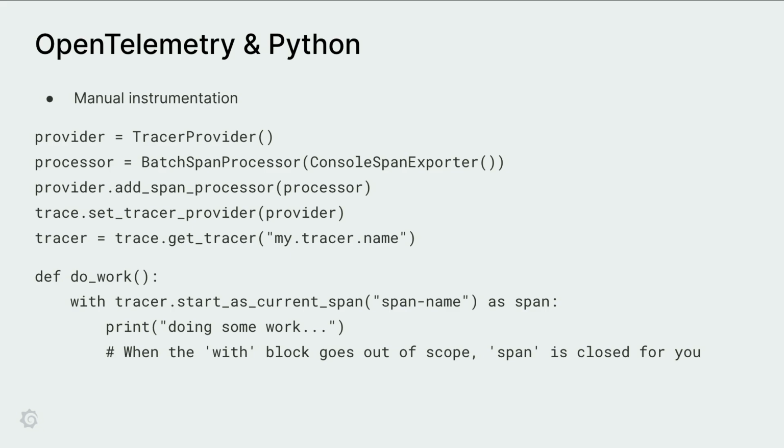For example, you can instantiate a trace provider, a span processor, and then, in the points you want to instrument, you can start a span, do your work, and when this with block goes out of scope, the span is closed, and everything else is automatically aggregated and submitted. You only have to worry about instantiating the providers, the processors, and the points to instrument.